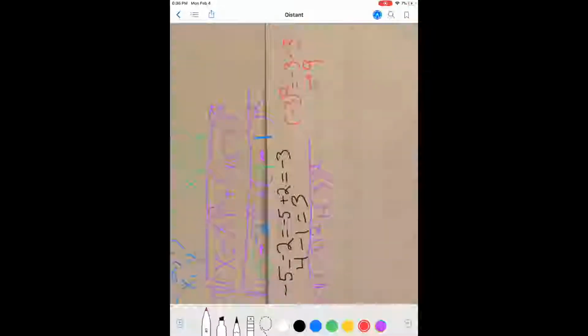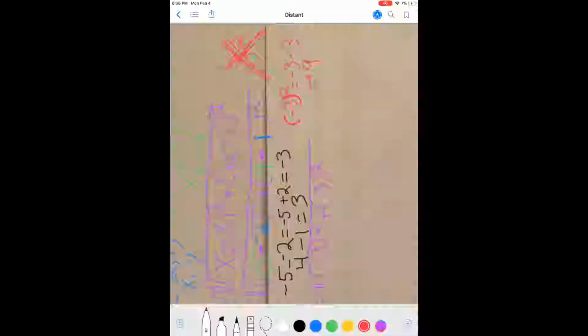If you're putting it in the calculator, you have to put those parentheses around it. If you don't, what you're telling the calculator is that the only thing you want squared is the 3, not the negative, and that is not what you want to do.